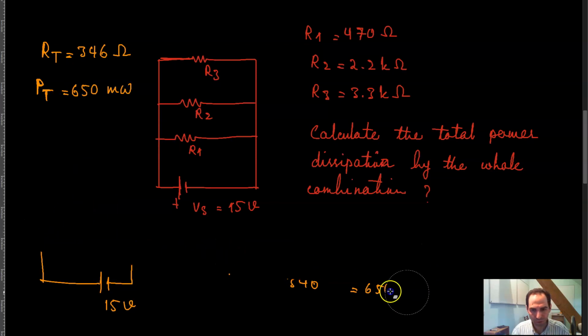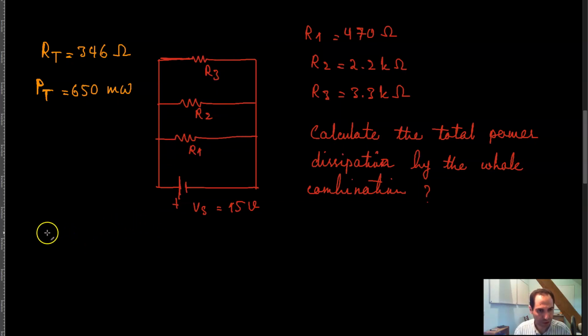Another way that you can do the same thing is to calculate the power dissipation in each resistor and add them, meaning that P of T is equal to P of R1 plus P of R2 plus P of R3.